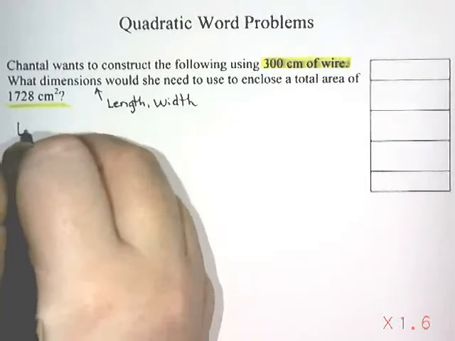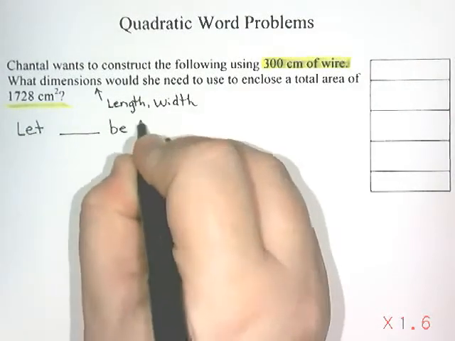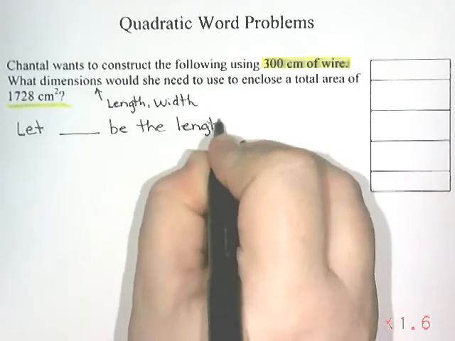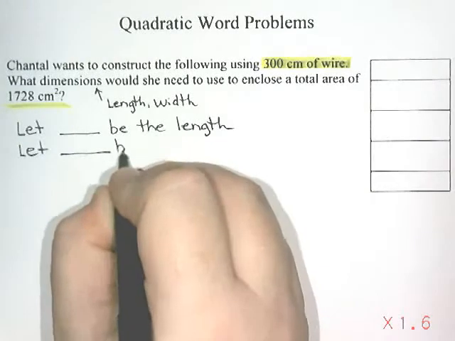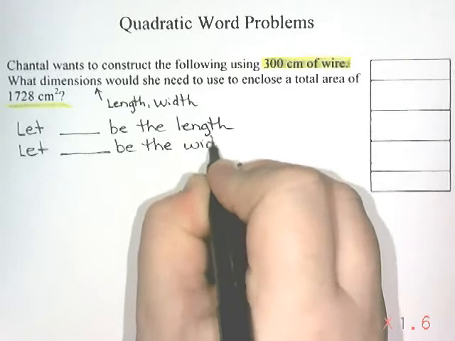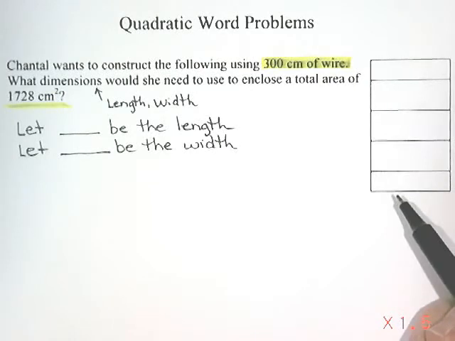So I am going to let something be the length, and let something else be the width. Now the choice is yours, but I'm actually going to use the diagram to help me figure out which one I should let be the length and which one I should let be the width.